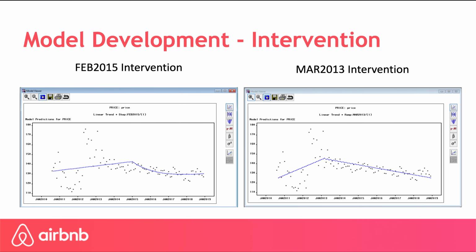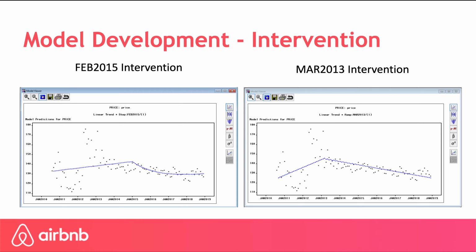We also need to consider adding intervention to our models. The majority of Amsterdam Airbnb hosts are sharing their primary residence as of March 2013. Therefore, it was logical to conclude that there was an oversupply of Airbnb in Amsterdam during this period of time.